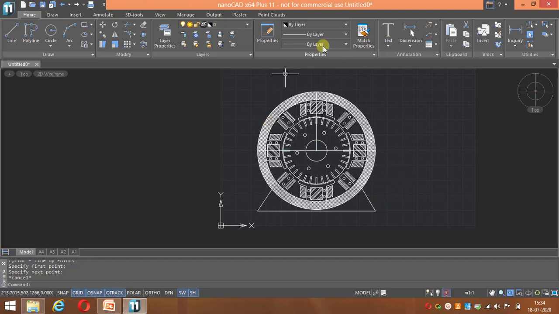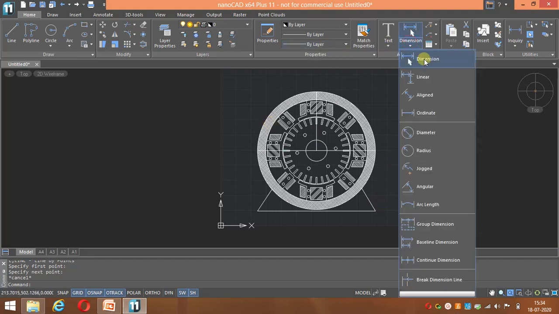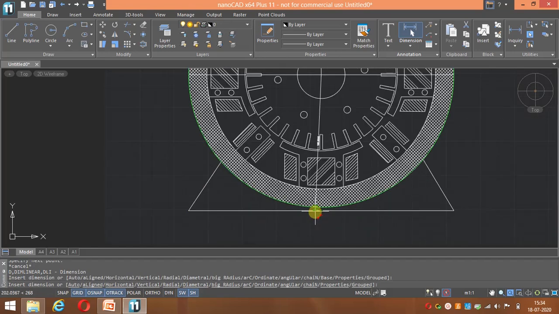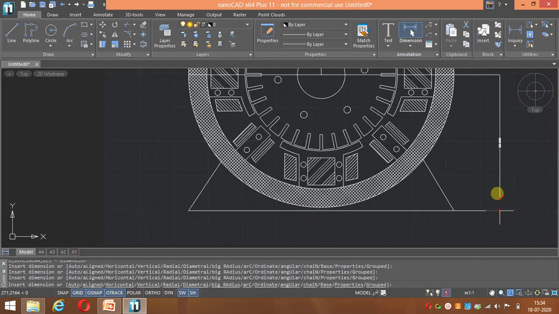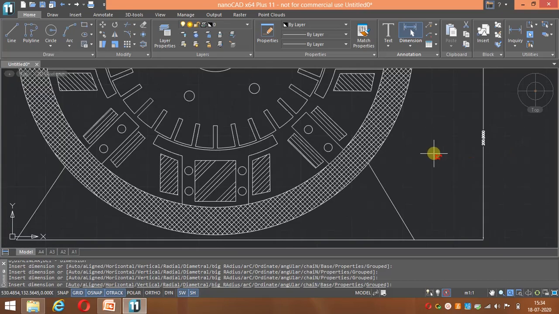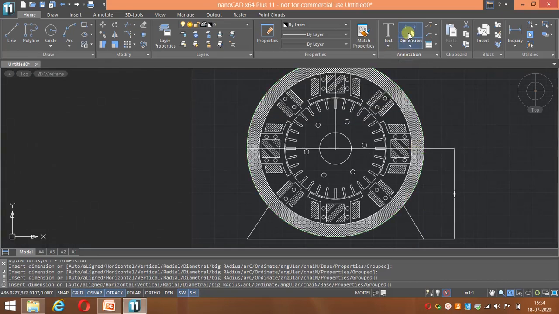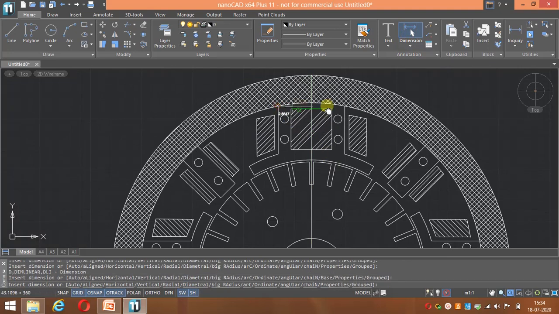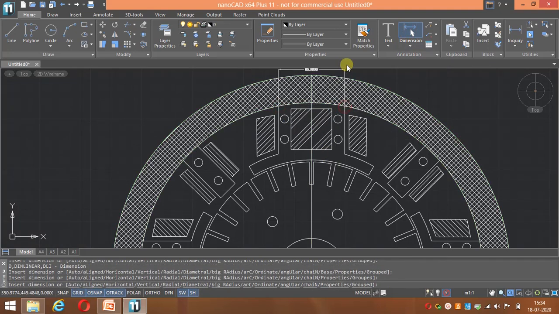So now I'll be going to show the dimensions. So the linear dimensions, this is nothing but your axial height. Here you can see it is 200 mm, and let me mark the pole width, it is 65 mm.